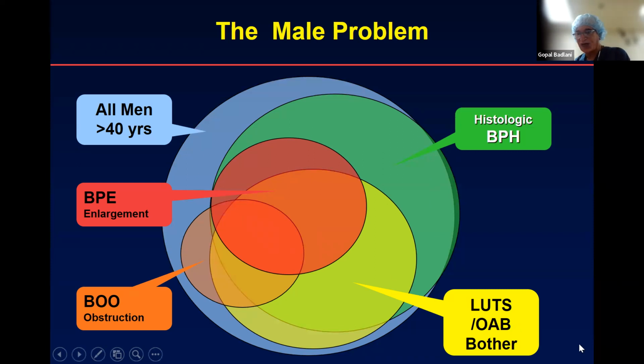So if a man of 60 years of age comes with frequency, urgency, and nocturia, you immediately remove his prostate. If a woman comes with frequency, urgency, and nocturia, you end up giving her a pill. And that's the learning we have to do, that men can have just as much bladder overactivity without the prostate involvement.